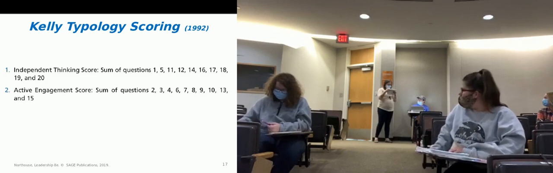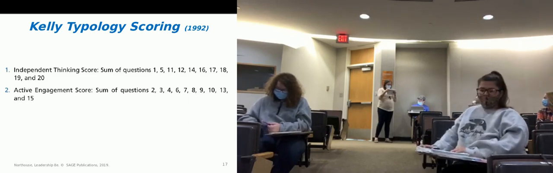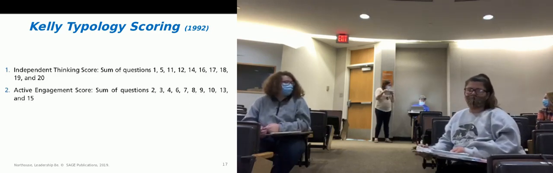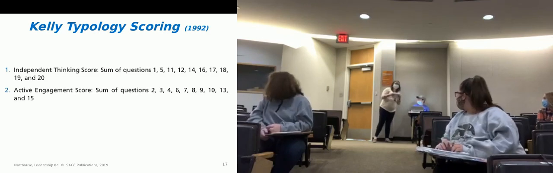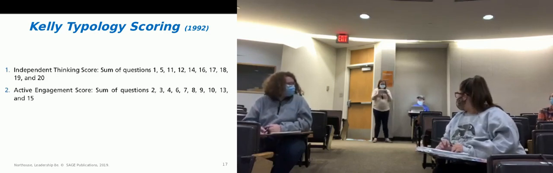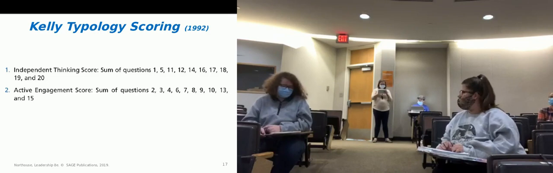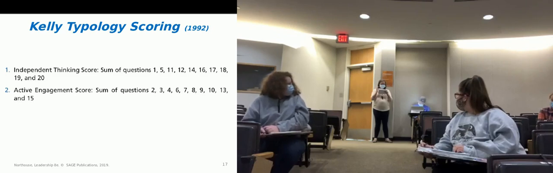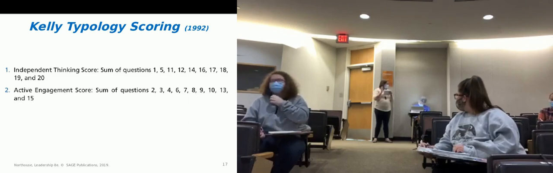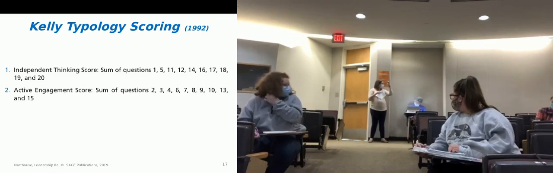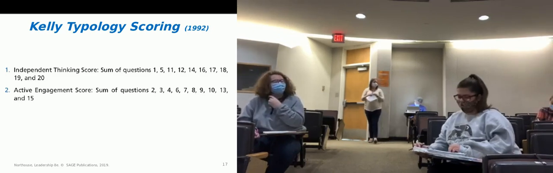And then what was your 42? So you scored high on engagement. Write down conformist/pragmatist. You're probably in that corner right there.